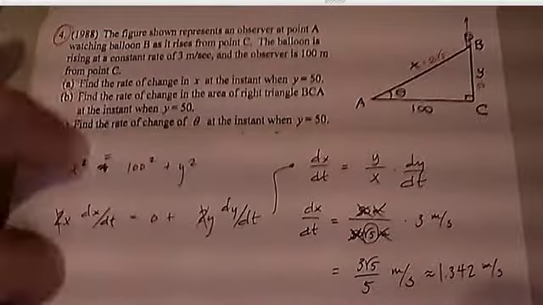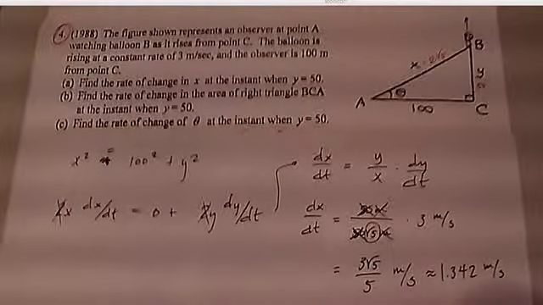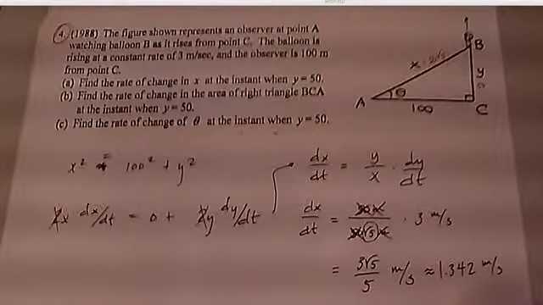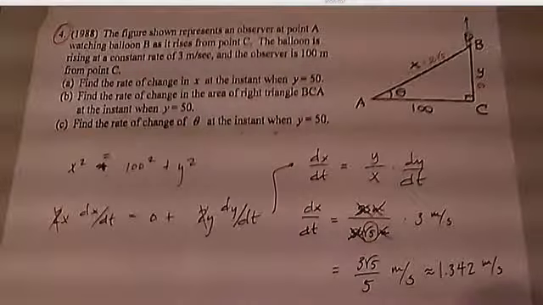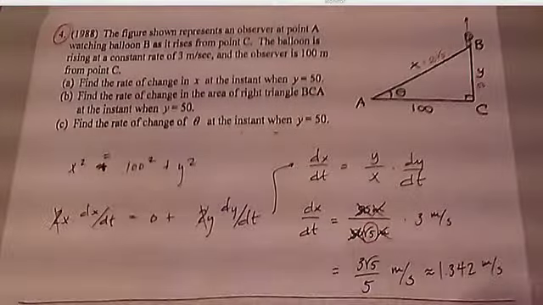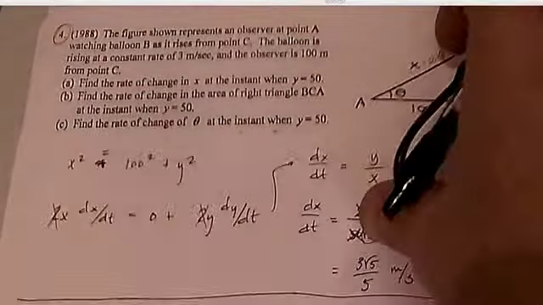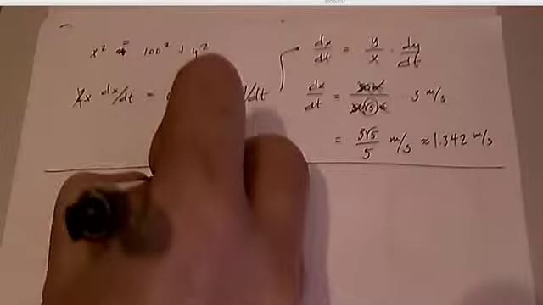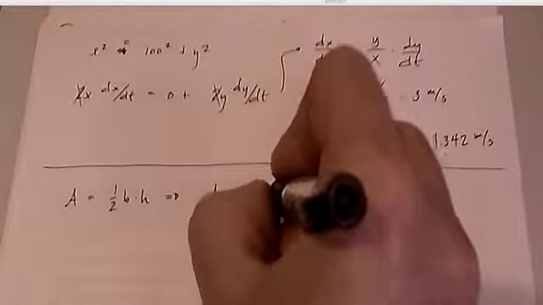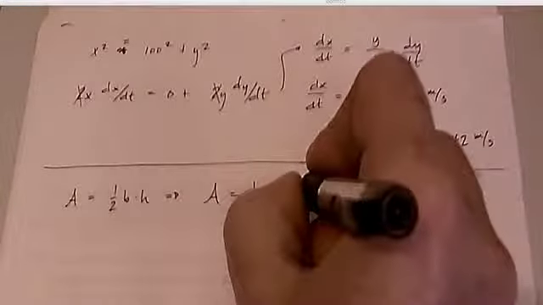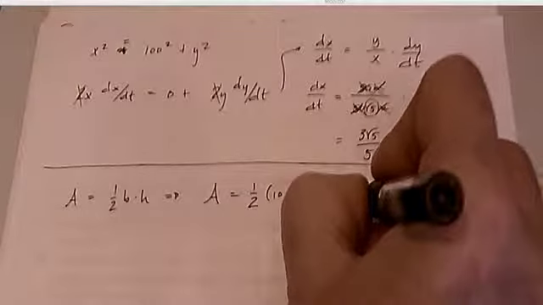So it says find the rate of change in the area of the right triangle. Okay, so now we're no longer dealing with Pythagorean. We're dealing with the fact that area is equal to 1/2 base times height. Well, in that case, the area is 1/2, the base is 100, and the height is y. Therefore, that's 50y.